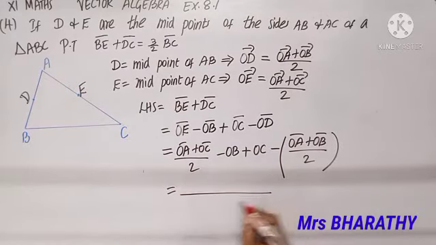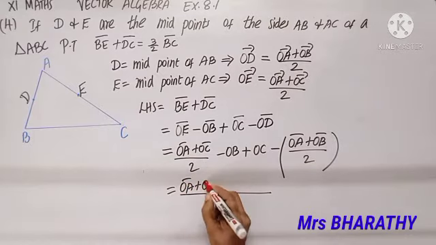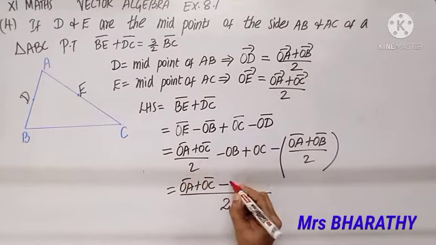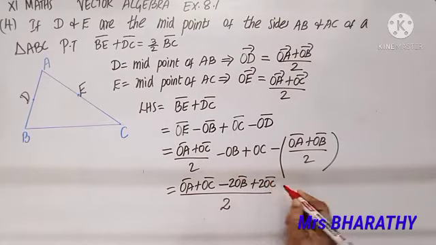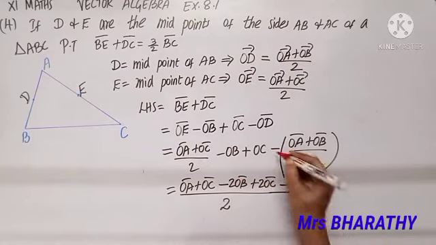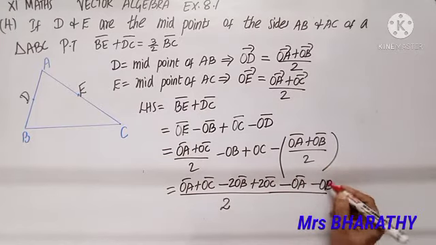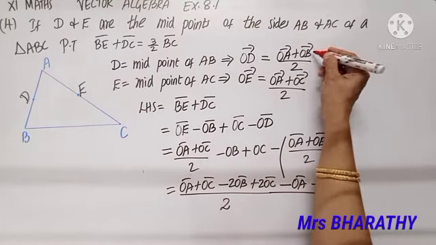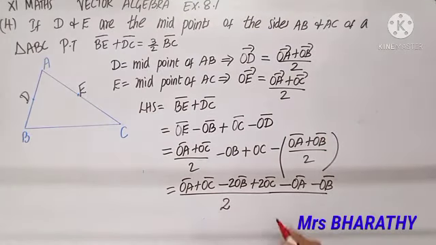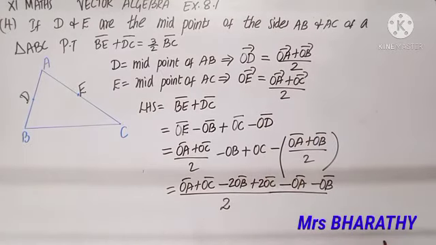Taking LCM, that is 2, I have OA vector plus OC vector, minus 2 OB vector, plus 2 OC vector, minus OA vector, minus OB vector. It is good that we put an arrow mark like this for vector notation. If that is difficult, at least we must represent a line over it.